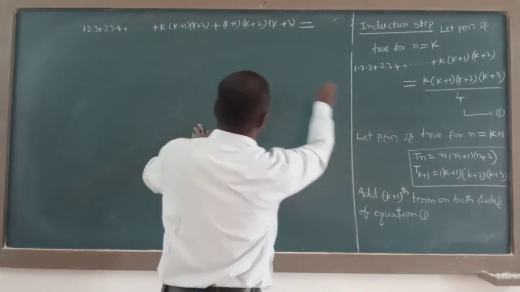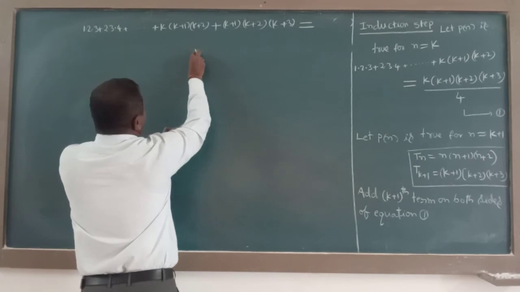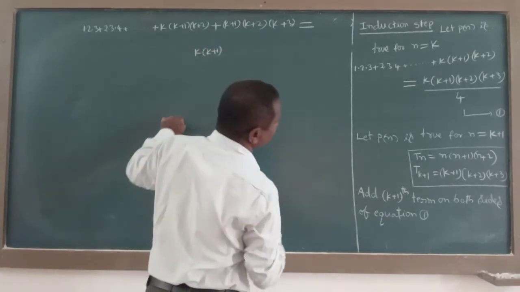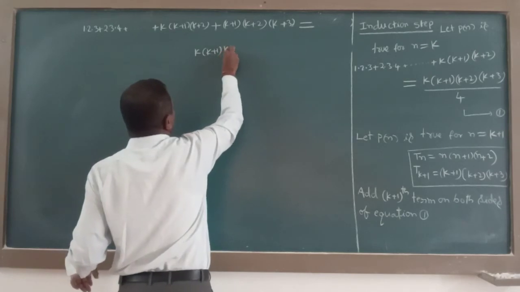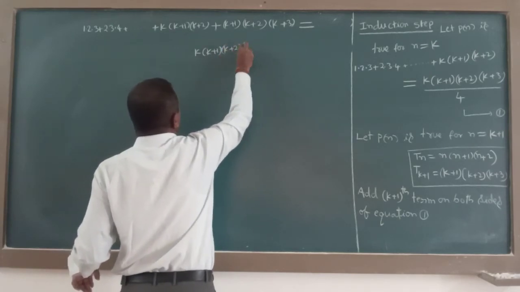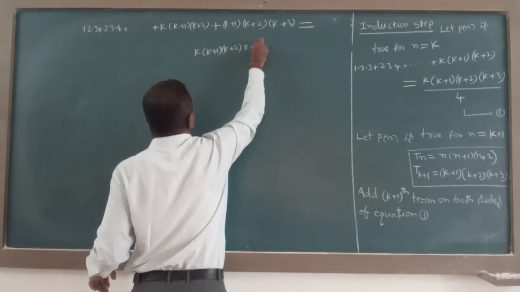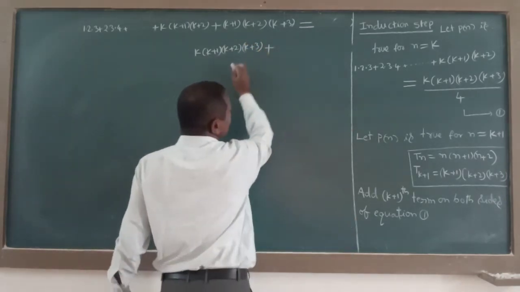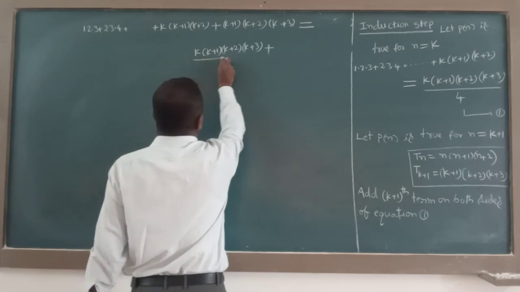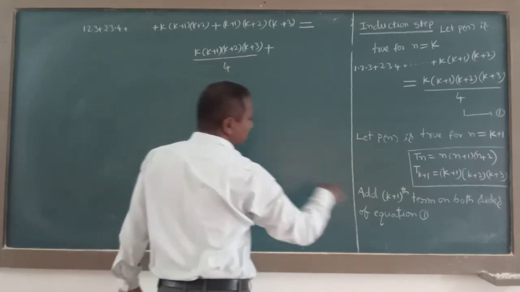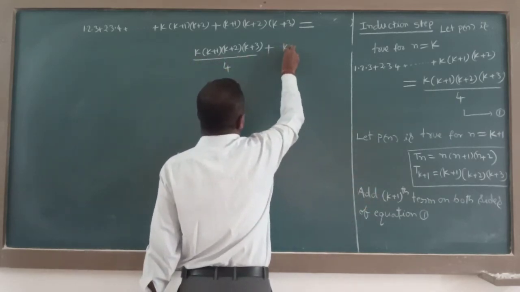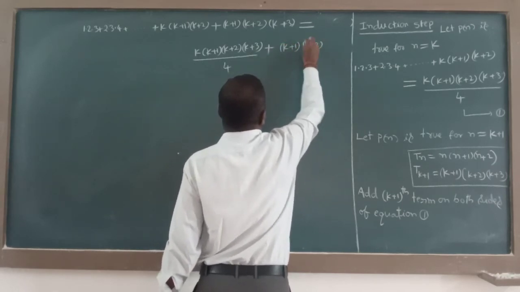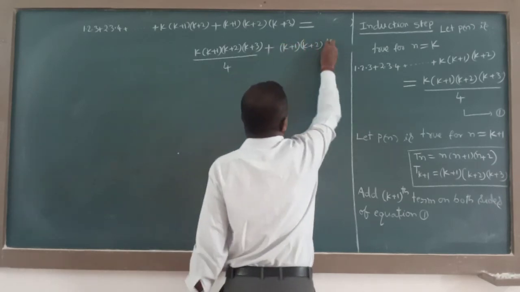Left-hand side part is k into k plus 1 into k plus 2 into k plus 3 divided by 4, plus the k plus 1 term here, which is k plus 1 into k plus 2 into k plus 3.